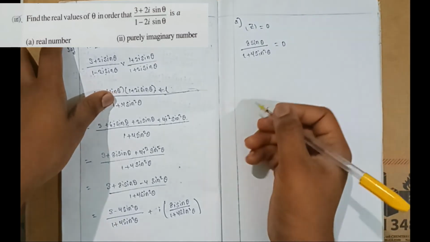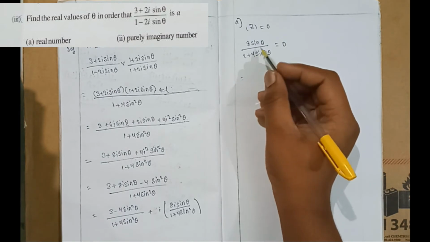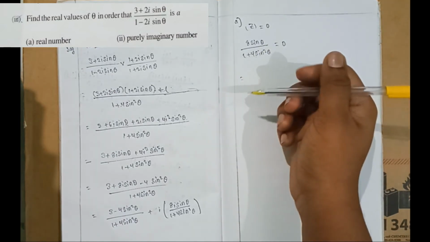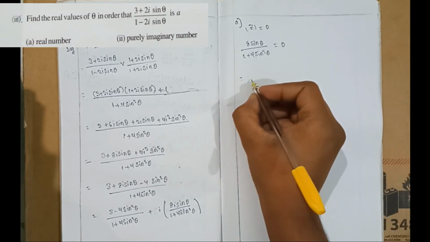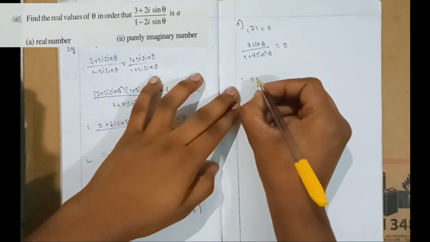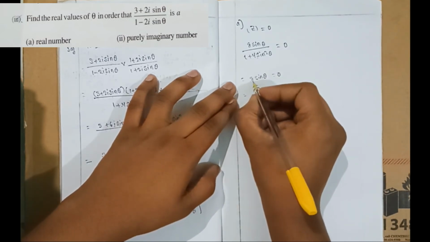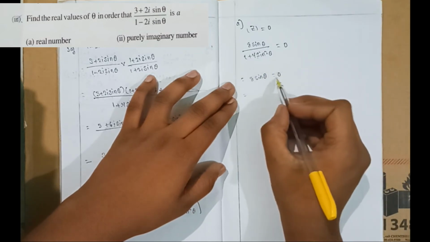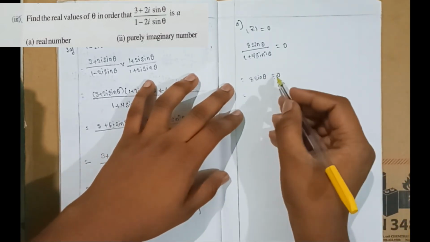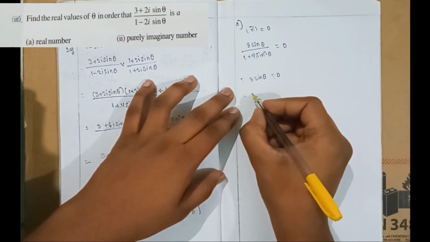If the division on this side goes to that side, it will become multiplication, and 0 into anything will be 0. So 8 sin theta equal to 0.